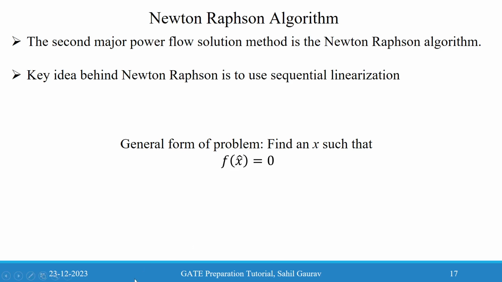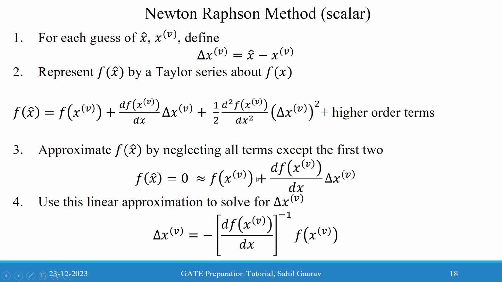Now for the Newton-Raphson algorithm, this is the second major power flow solution method, and the key idea behind Newton-Raphson is to use sequential linearization. In Gauss-Seidel, we are using quadratic linearization. The general form of the problem is that we have to find an absolute solution x cap such that f(x cap) is equal to 0. These are the steps for the Newton-Raphson method. Many of you have studied this in engineering mathematics also.